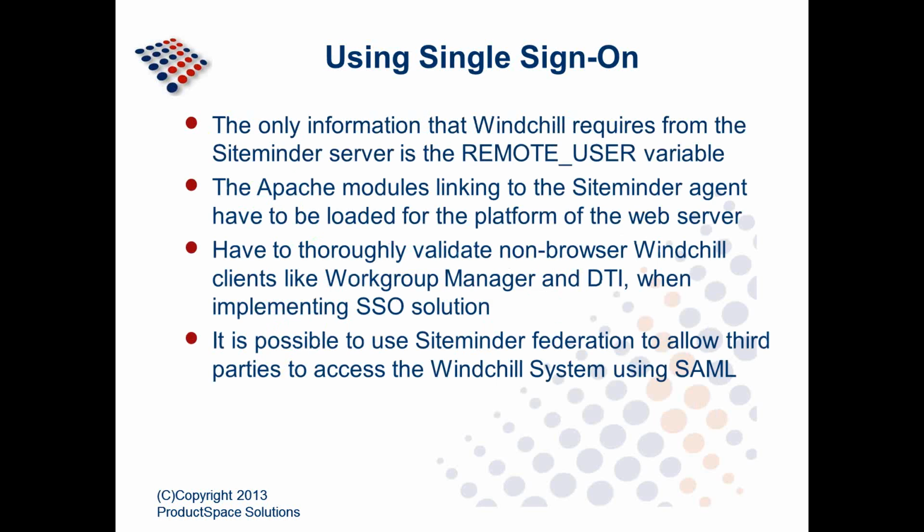Again, going back to the previous note, as far as Windchill is concerned, it's looking just for the remote user variable. It doesn't care how SiteMinder is processing the authentication.